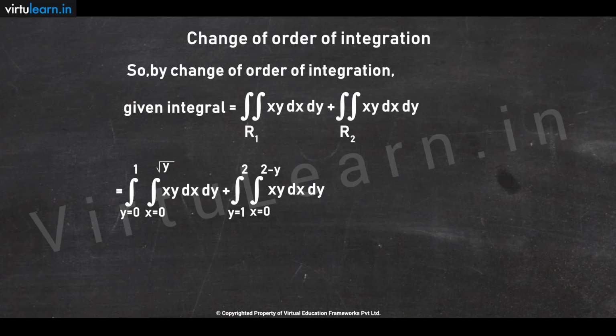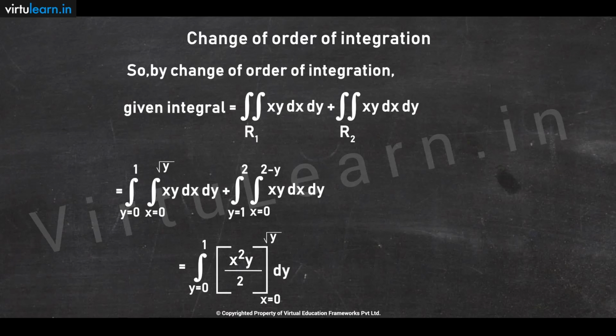In both integrals, we have to perform integration with respect to x first. So the first integral becomes integral y equal to 0 to 1, x square y by 2 to be evaluated at x equal to 0 and root y, dy, plus the second integral, integral y equal to 1 to 2, integral of xy this time is x square y divided by 2 to be evaluated at x equal to 0 and 2 minus y, dy.